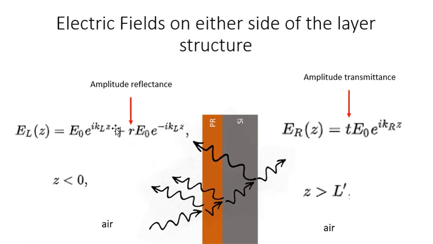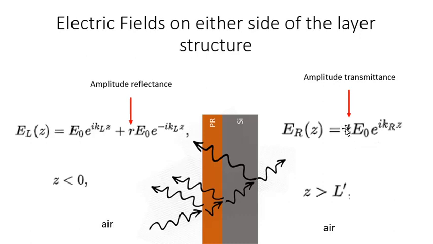On the right side of my whole multi-layer structure, I'm going to try and represent the electric field, but there's one important difference, which is, first off, there's only a right-going wave. There is nothing to reflect off of here, so there's nothing to make a left-going wave. So that's a simplification.